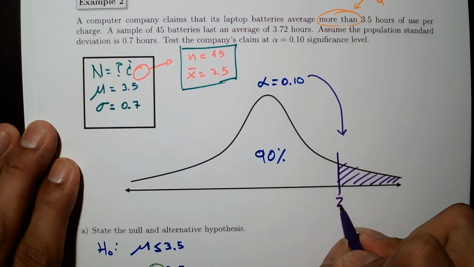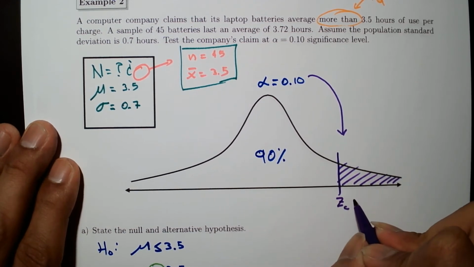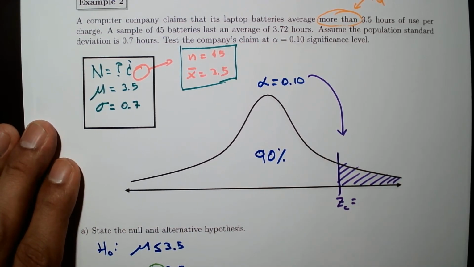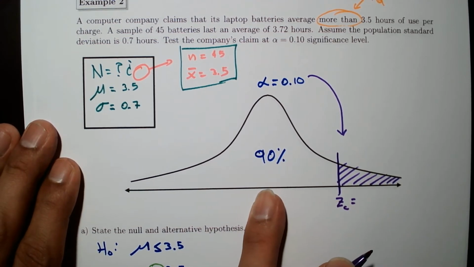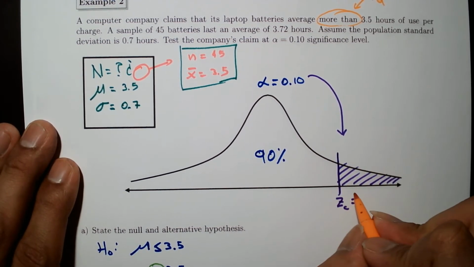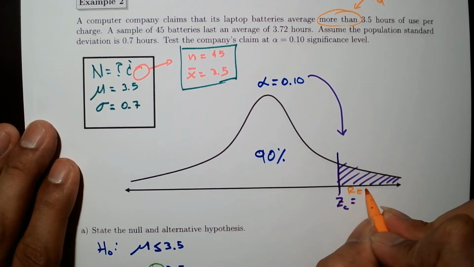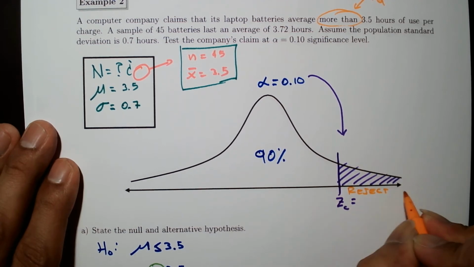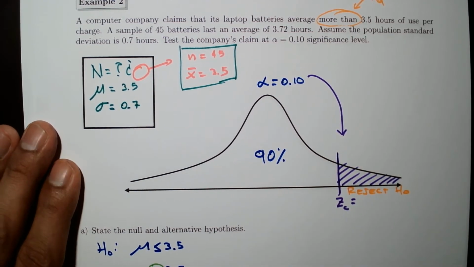And we're going to find our cutoff value that's going to divide the rejection region from the non-rejection region. Anything that falls within this region, reject the null hypothesis.